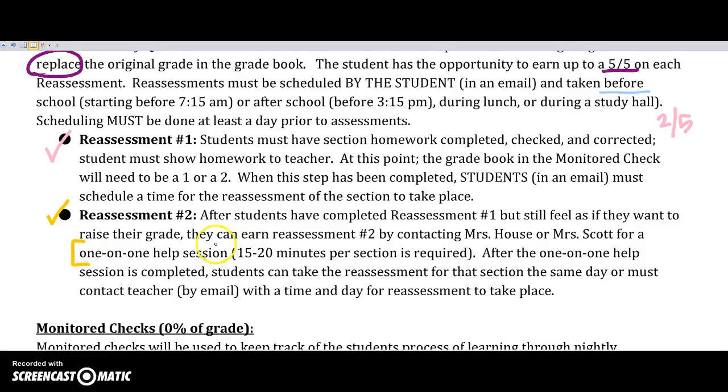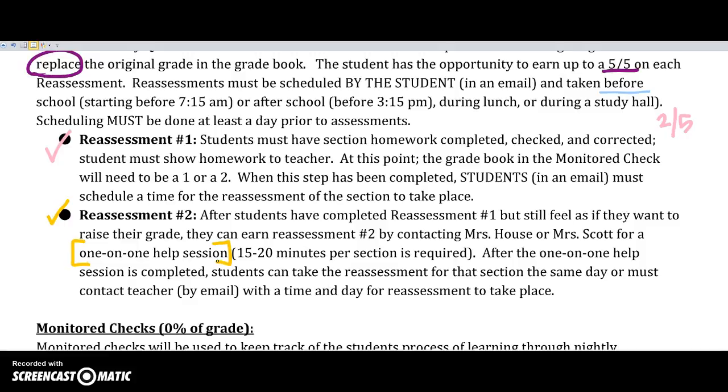This is just a mini tutoring time where you can come in and say, I want to reassess on section 1-8, and I'm just going to take 15 to 20 minutes with my teacher and go over what section 8 talks about and what mistakes I might be making on the other assessments I've taken already.